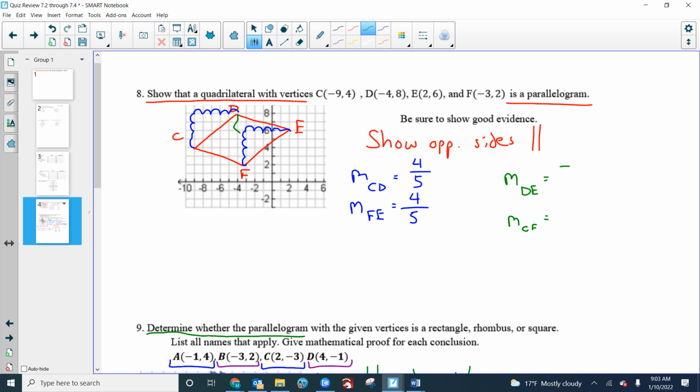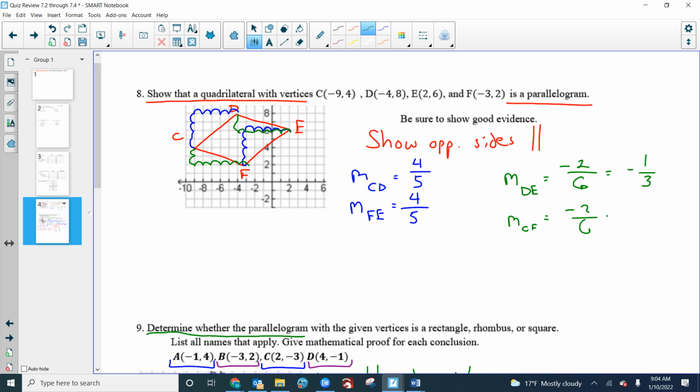I fall 2. And then I run 1, 2, 3, 4, 5, 6. Does negative 2/6 reduce into negative 1/3? Now from C to F, fall 1, 2, run 1, 2, 3, 4, 5, 6.